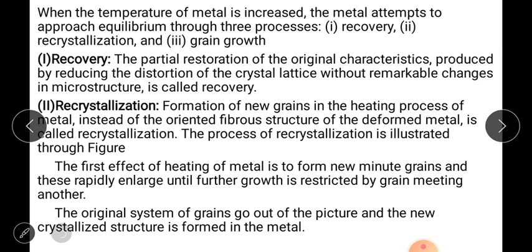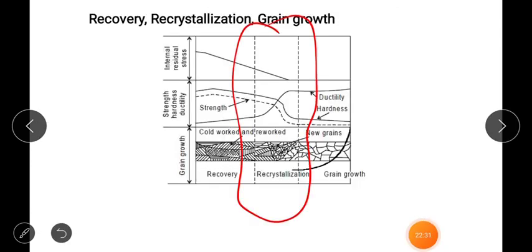The new grains rapidly enlarge until further growth is restricted by the neighboring grains or wall boundaries of the neighboring grains. The original system of grains goes out of the picture, and the new crystal structure is formed in the metal. So that is nothing but the grain growth.